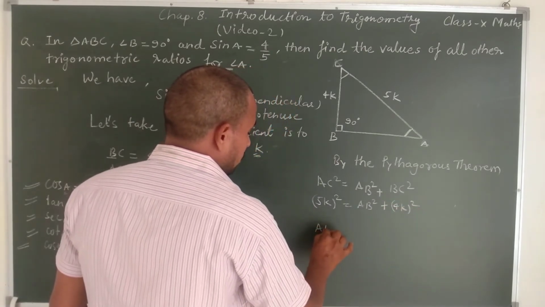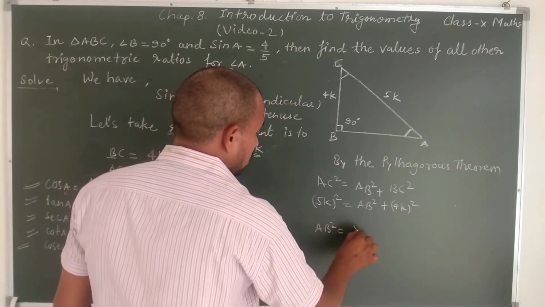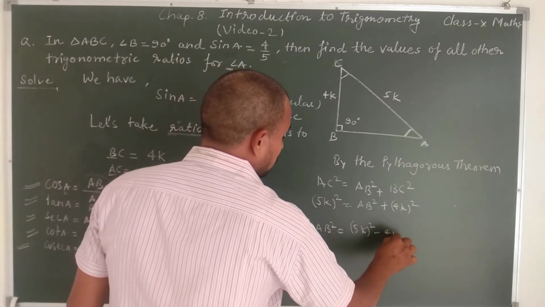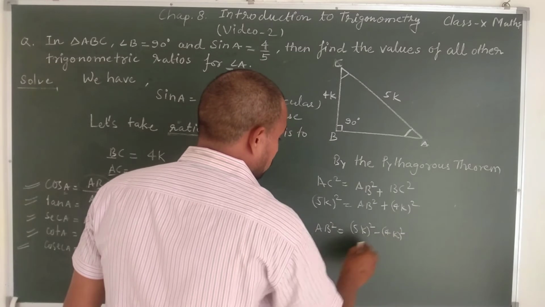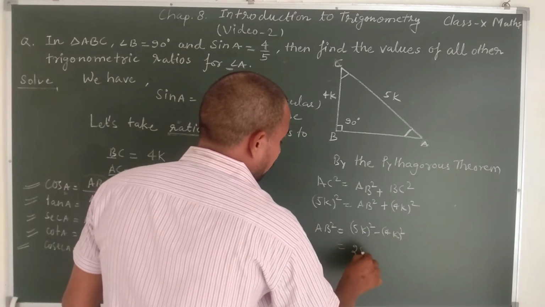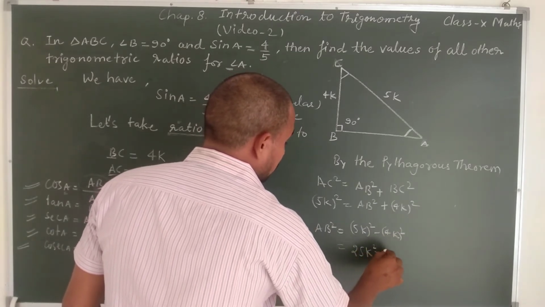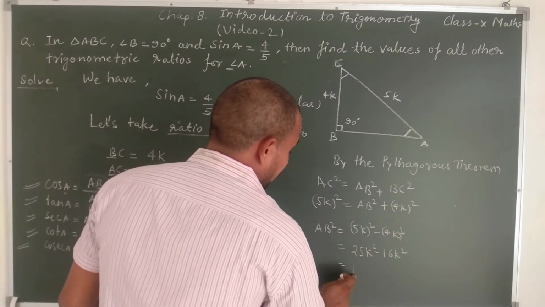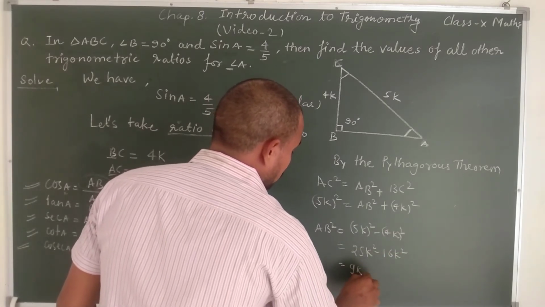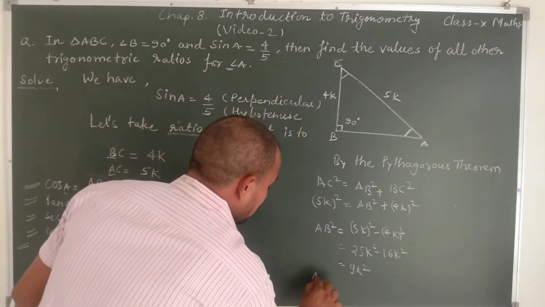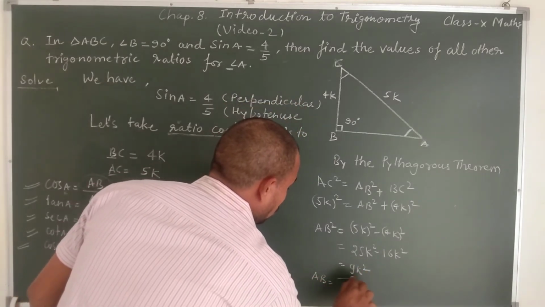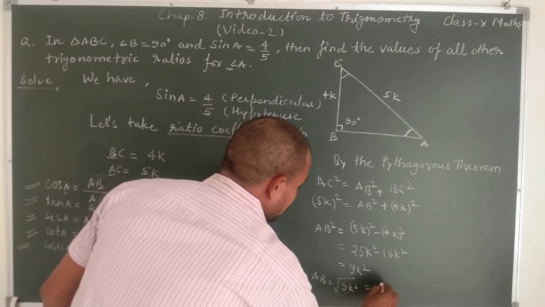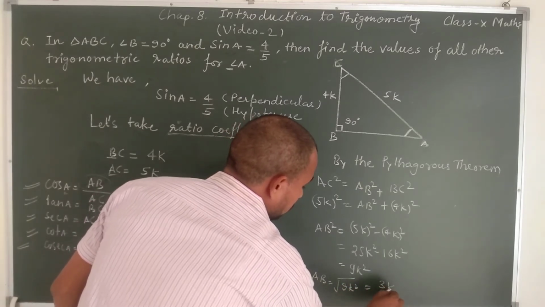So the value of AB square equals 5k square minus 4k square, that is 25k square minus 16k square, which is 9k square. AB is root of 9k square, that is 3k.